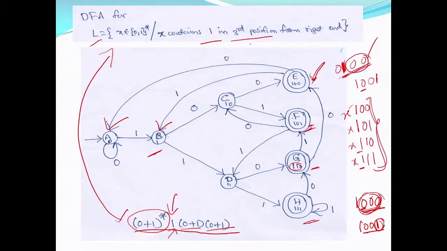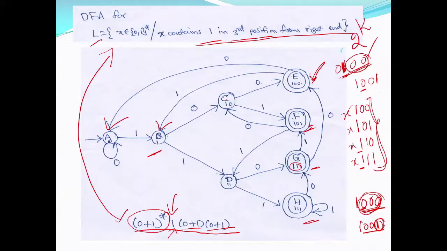If x contains 1 in the 4th position, then you have to remember more number of states. So usually for this type of languages, the number of states in the DFA, minimum state DFA, I will tell you what is minimum state DFA later, the number of minimum states in the DFA will be 2 power k.